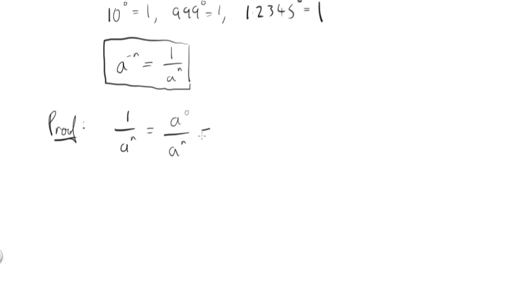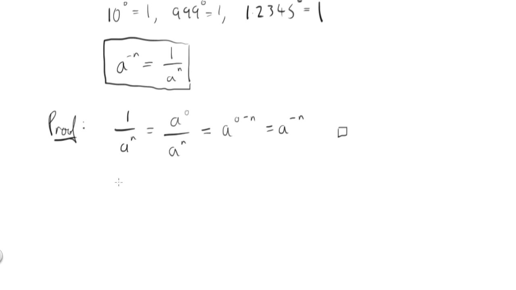If we use the second law of exponents, we subtract the powers. So I have a to the power 0 minus n, and 0 minus n is simply minus n. So that's a proof that whenever we have a negative power, we can write that as 1 over the positive power.